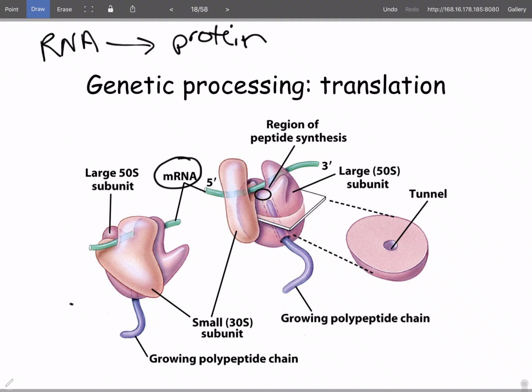There is a place where ribosomes, made of ribosomal RNA and protein, and these are very, very large complexes, about 50 proteins and several RNAs make up these complexes.